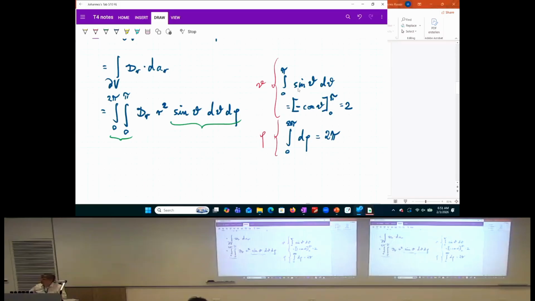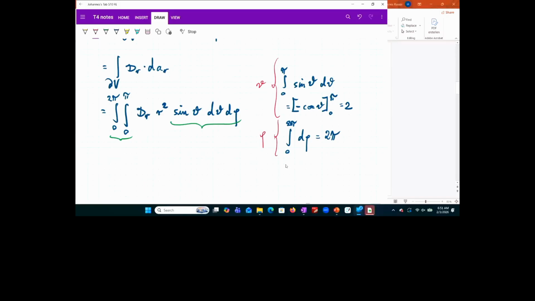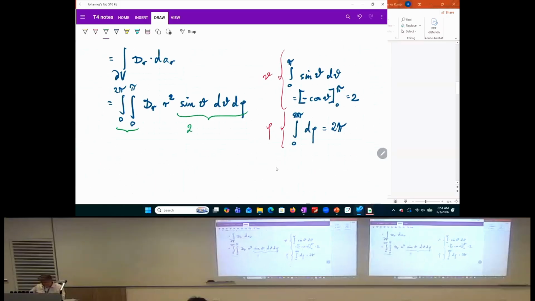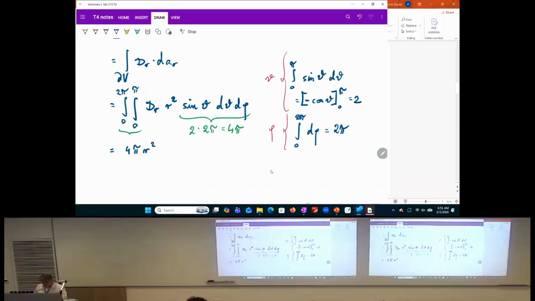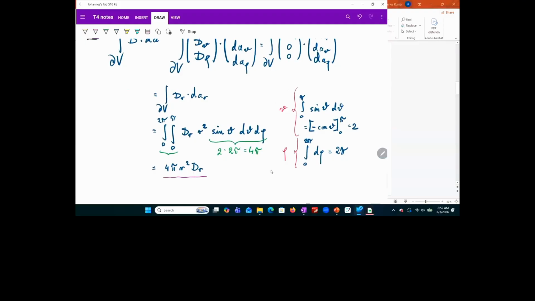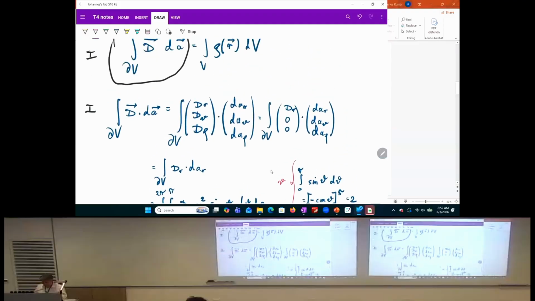This is why we just have to integrate over these respective quantities. And that gives us, for that term that contributes with 2 times 2 pi, that is 4 pi, which this adds to our integral. So meaning we have here 4 pi r squared dr. This is the evaluation of 1 here.